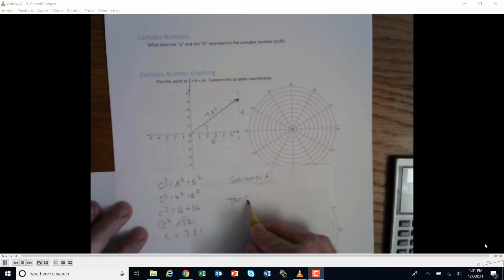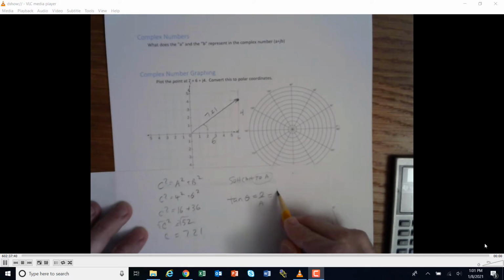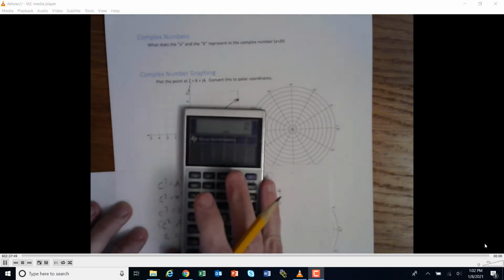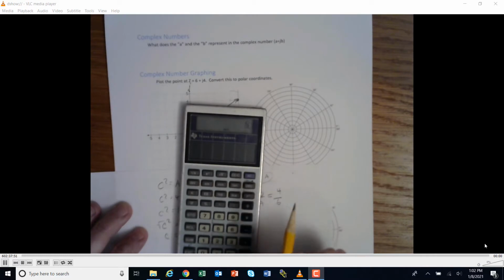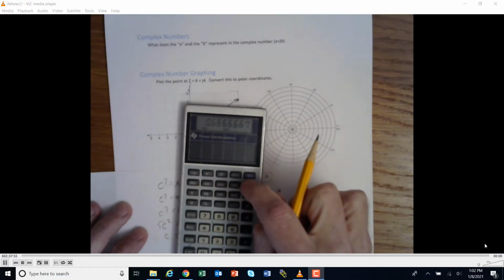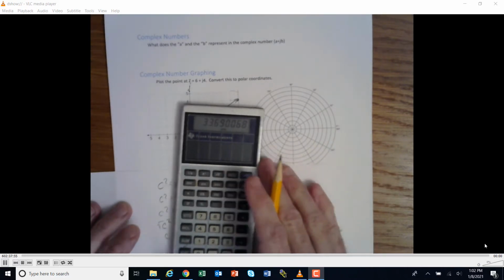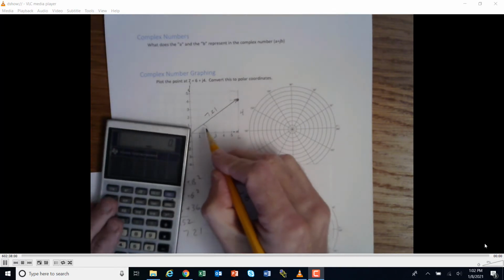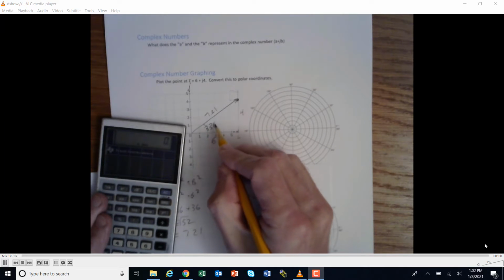Tan of the angle is equal to the opposite over the adjacent, which is equal to 4 over 6. Now remember, we want the angle, so we have to do the inverse tan here to get the angle. So if I go 4 divided by 6 and then inverse tan, I get 33.69. And that's what this angle is right here, 33.69 degrees.